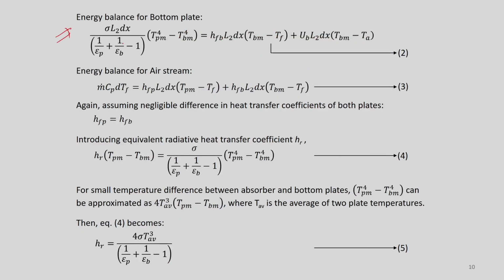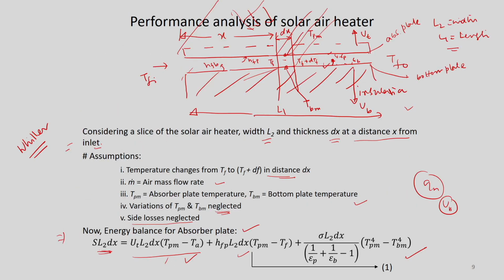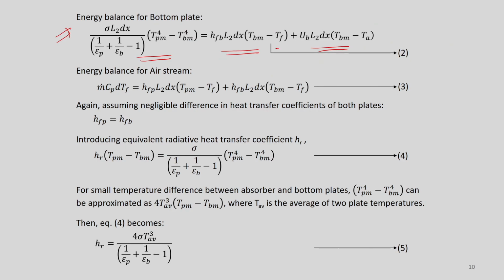So, that way we can develop it. So, this is the radiative exchange between these two plates, and this is the heat exchange from this bottom plate to the fluid, and then this is the bottom losses, okay. So, from here we will have bottom losses. So, losses will be there, and then heat exchange between the plates and the fluids.